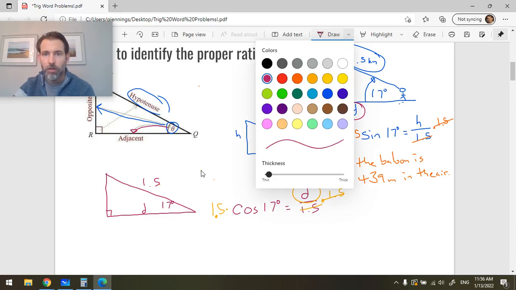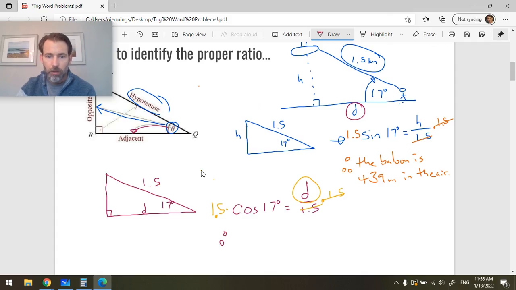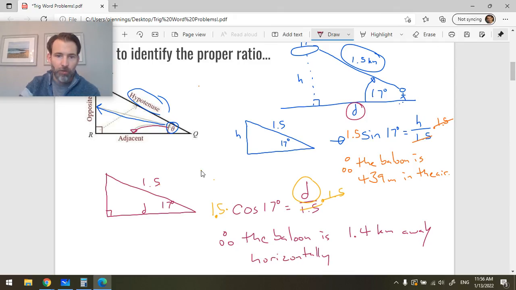Therefore, the balloon is 1.4 kilometers away horizontally. Like if I walk 1.4 kilometers from there, I will get to a point directly underneath the balloon.